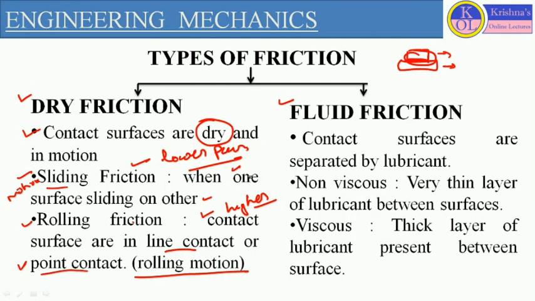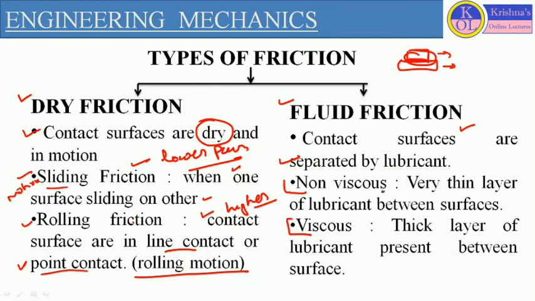So fluid friction we can define on the basis of the nature of the contact surface. If the contact surfaces are separated by a film of lubricant, at that condition we can define fluid friction, and the motion we can define on the basis of fluid friction. Now it is also divided into two parts: non-viscous and viscous.